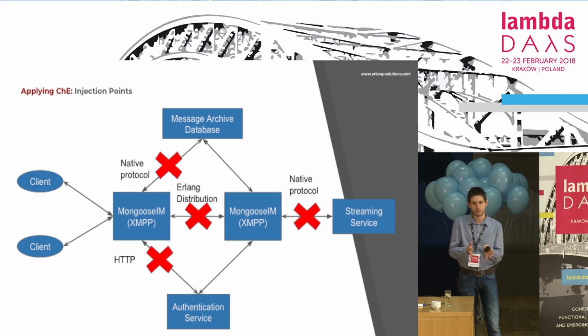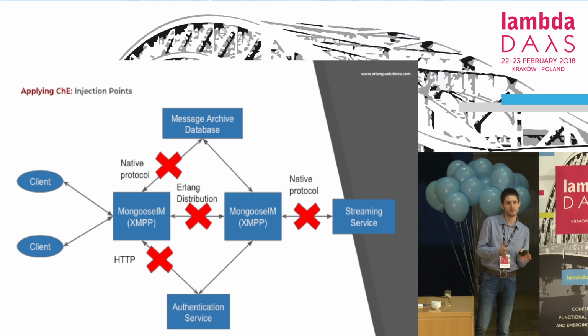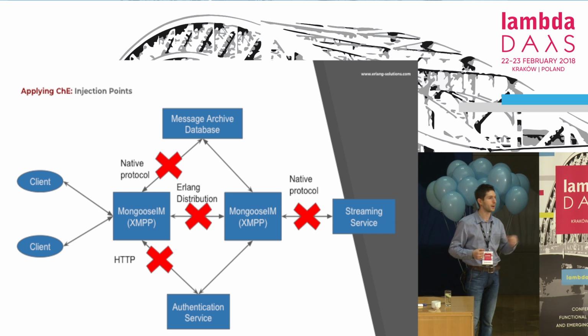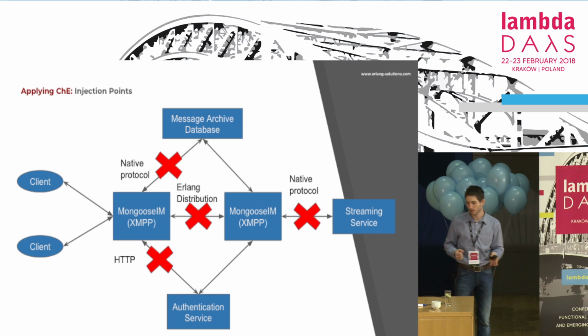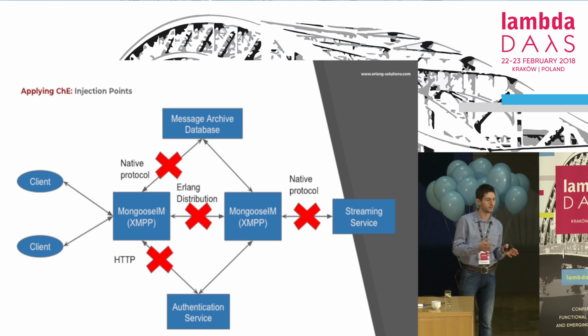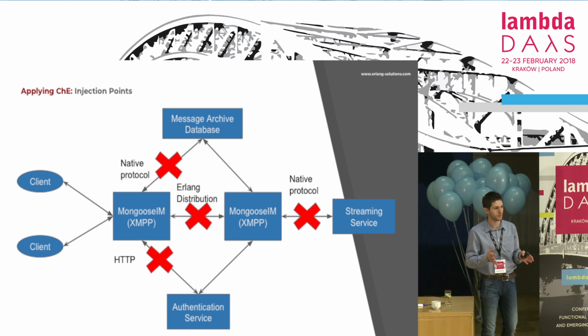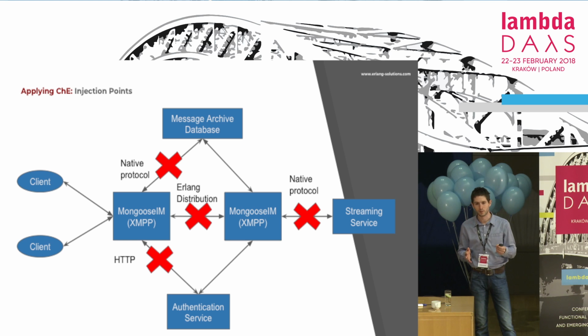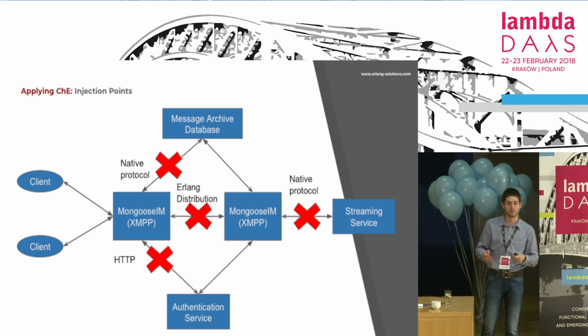We also have a database which is used to archive messages, and again, for some reason we may not be able to write to this database. And finally, some installations would stream records of users' activities to some streaming service like Kafka, and again, this is another potential place where we expect some fault to happen.